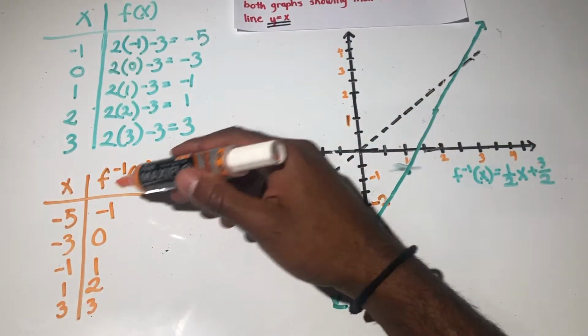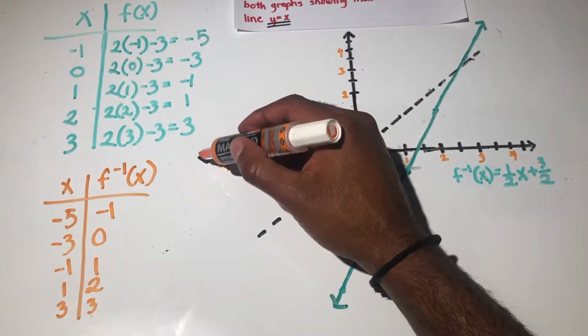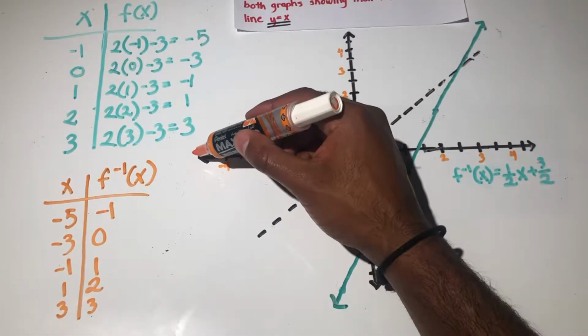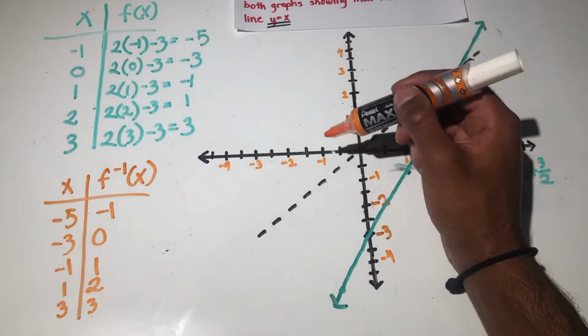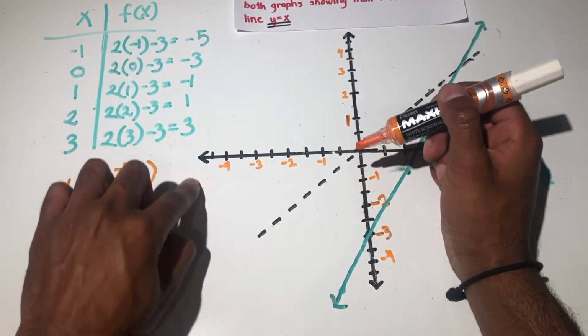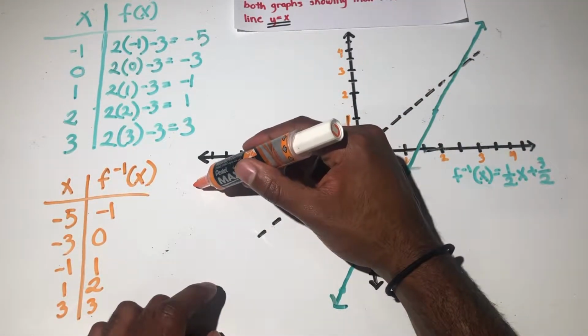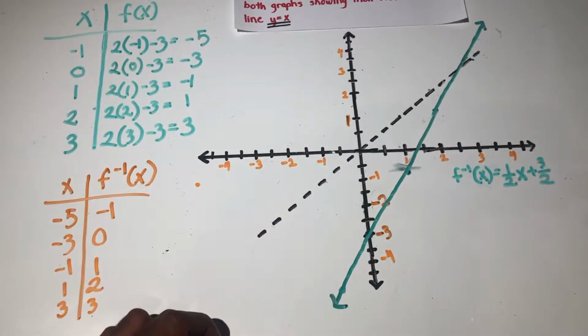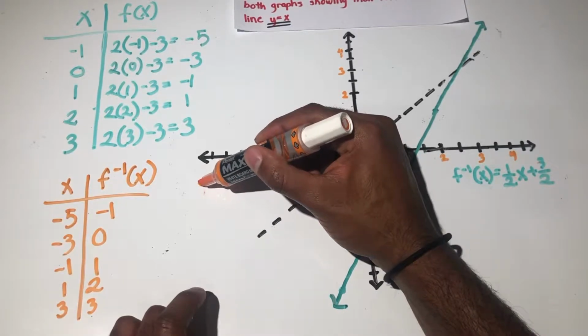So at -5, we have -1. Again, we can use the edge of the arrow here as our -5, and then at -1, so somewhere here. I'm going to move this just a little bit lower.